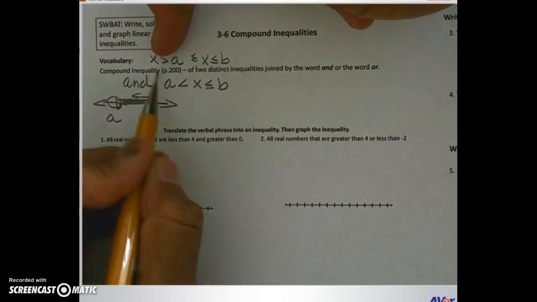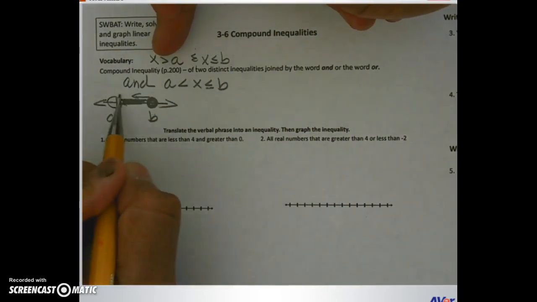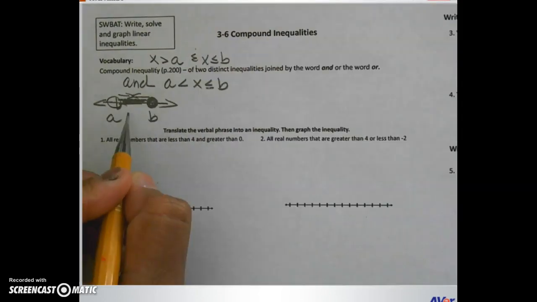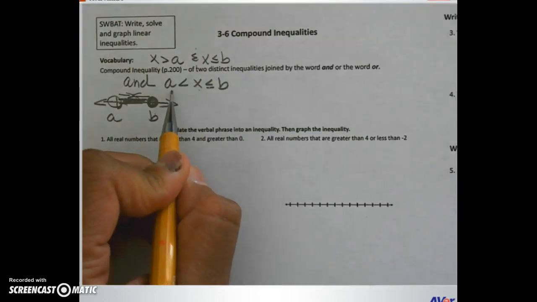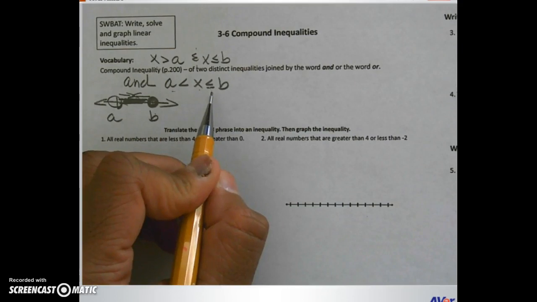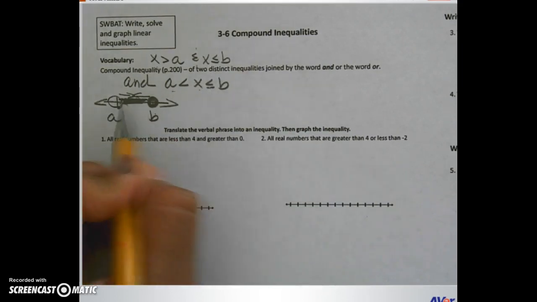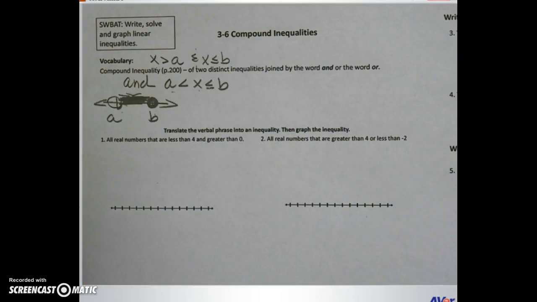At A, it's open because it's not equal to, and it's going that way. So the variable X is between the value A and B. For and statements, you're always going to shade in the middle. Always, always, always.